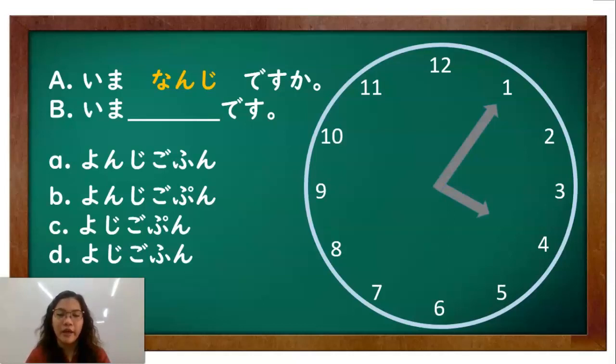The correct answer is letter D. This is 4 o'clock and 5 minutes. 4 o'clock is yoji, 5 minutes is gofun.